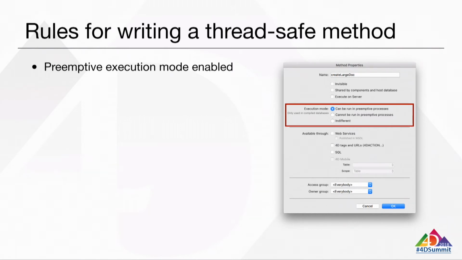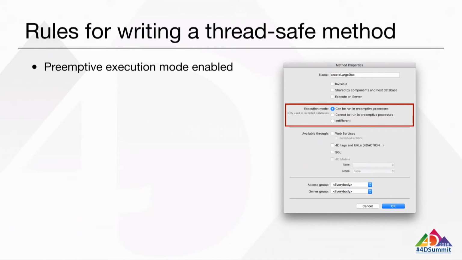If you never compile your database, and you deploy your database interpreted, you will never benefit from preemptive programming. Everything runs like in cooperative mode. There's no multi-thread execution going on. So just so you know, I know some of you are still running your database interpreted, so that's one thing to be aware of.